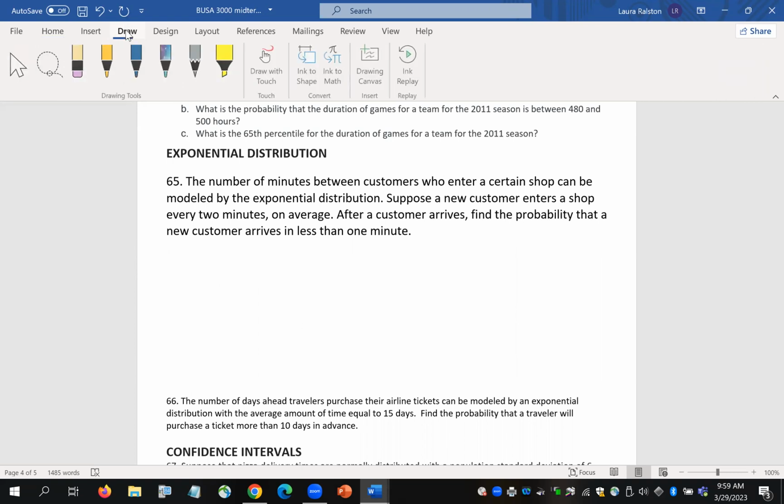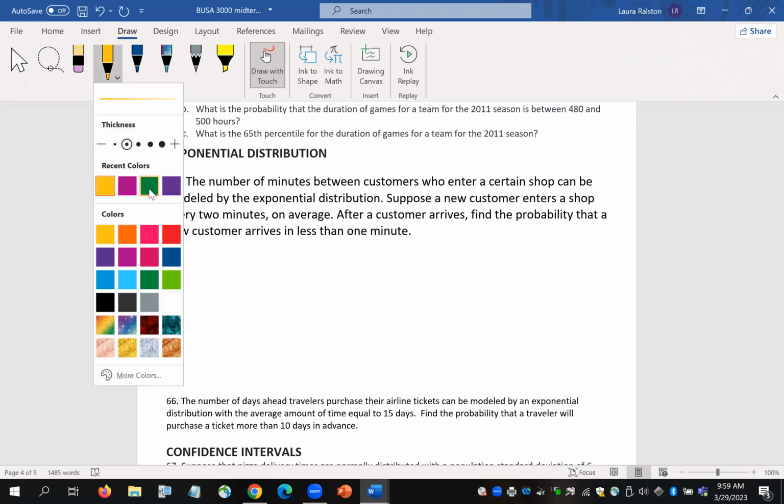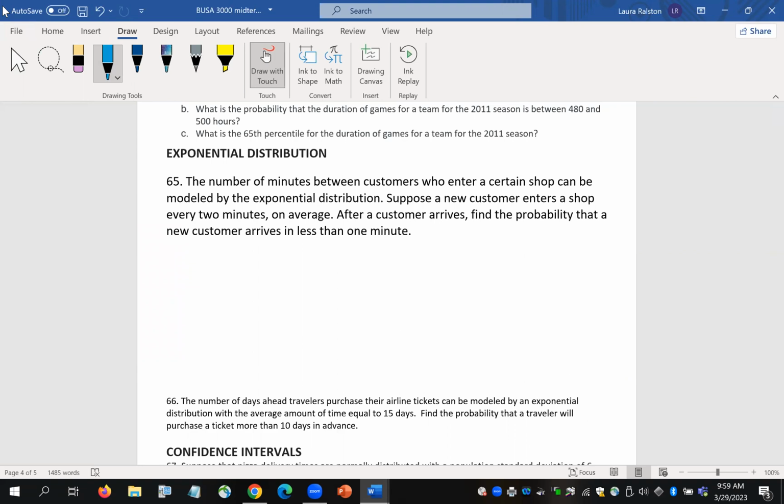Okay, first off, one of the things you're going to have to be able to do on the midterm is identify the fact that this is an exponential distribution. Well, the way this particular question is worded, it clearly tells you in the problem that the number of minutes between customers can be modeled using an exponential distribution. So ideally, that leaves no doubt in your mind that it's an exponential distribution.